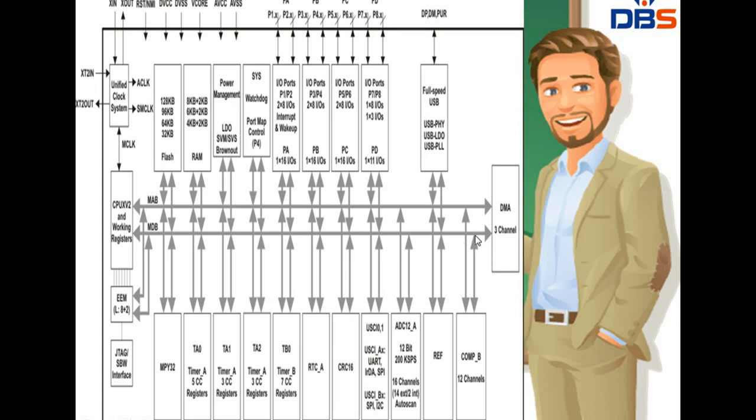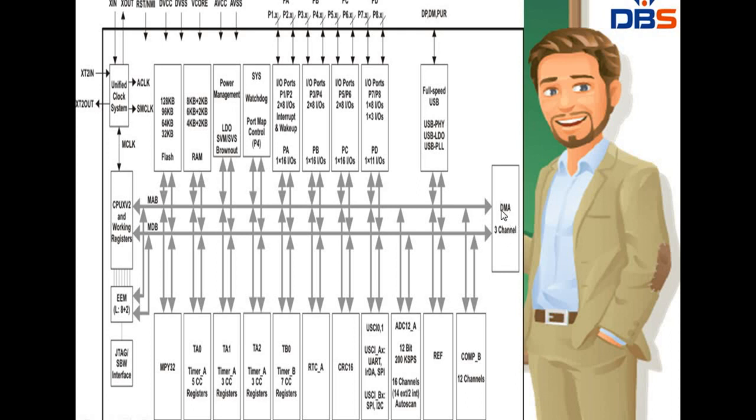So in MSP430F5529 we have 3 channels, and this also reduces the system power consumption by allowing the CPU to remain in low power modes without having to awaken to move the data to or from the peripherals by using this DMA.